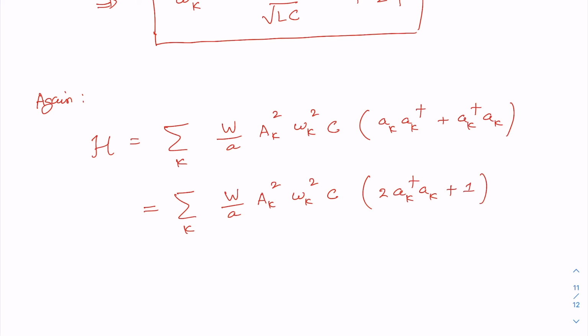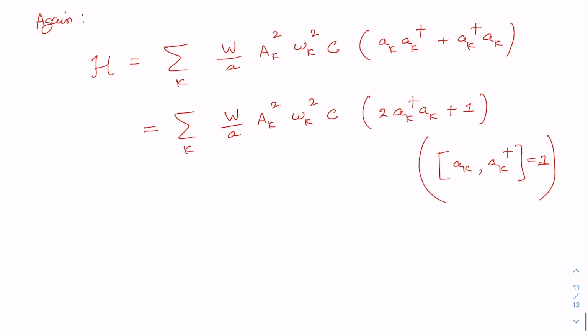I think all of you are getting it because I have just utilized the commutation relation ak ak dagger is equal to 1. So this is what I utilized, and I can therefore write it as 2W by a ak square omega k square C, ak dagger ak plus half.